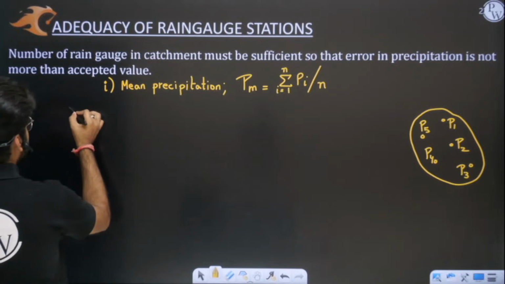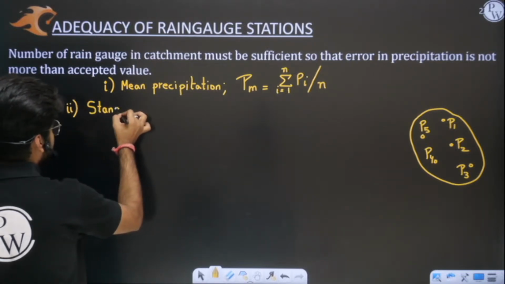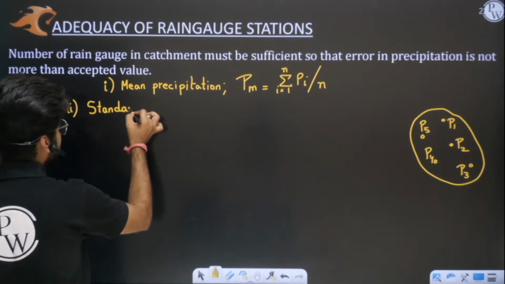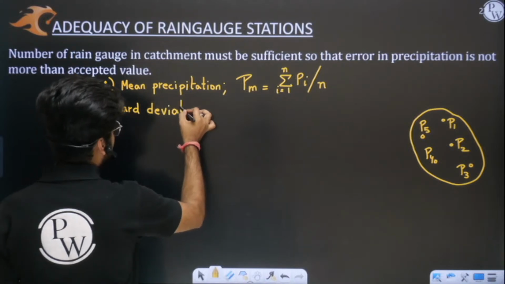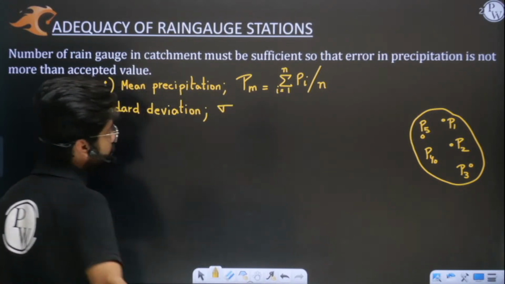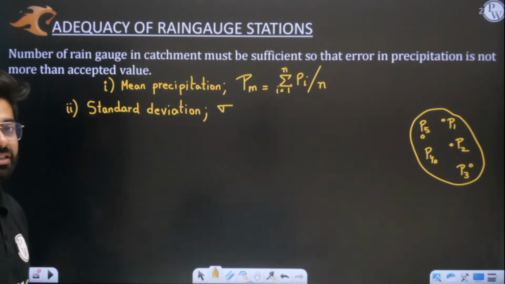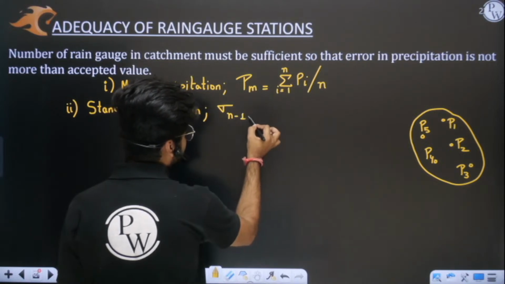Then the second step is that we have to find the standard deviation. Standard deviation is denoted by sigma, and in the subscript we have n minus 1.